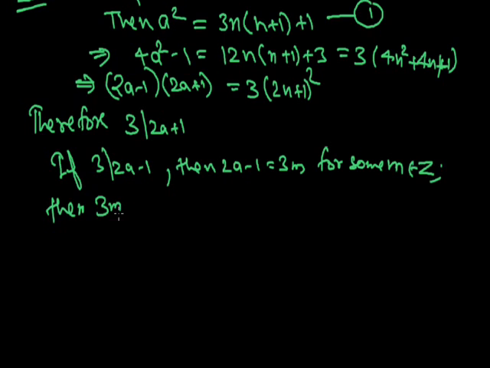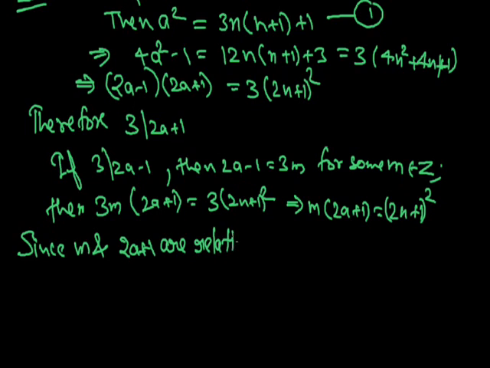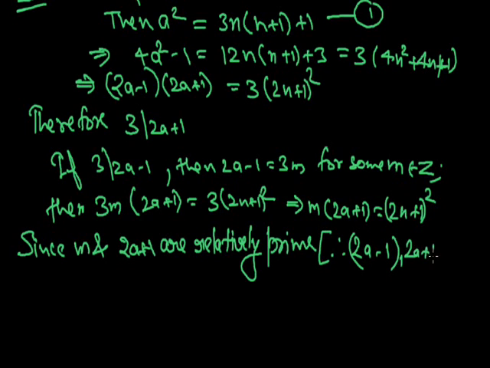Then 3m(2a+1) is equal to 3(2n+1)². That will be equal to m(2a+1) is equal to (2n+1)². Since we know that m and 2a+1 are relatively prime, we can say that either 2a-1 or 2a+1 is equal to 1.